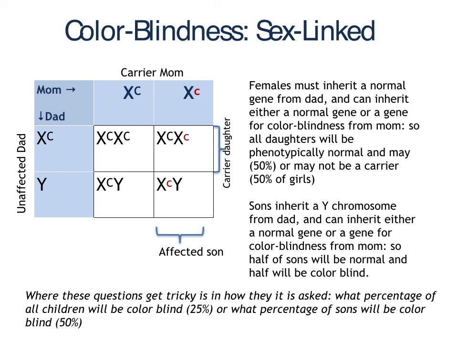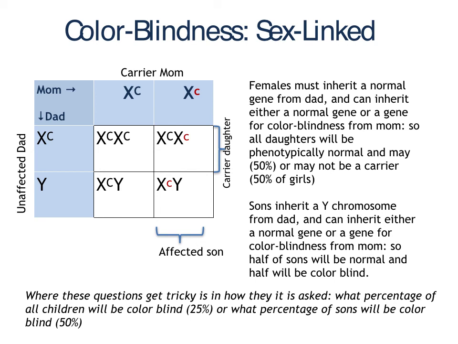Do they ask what percentage of all the children will be colorblind, in which only 1/4 of all the possibilities of children is colorblind? Or will they more likely ask you what percentage of the sons will be born colorblind, in which case you choose 50%.